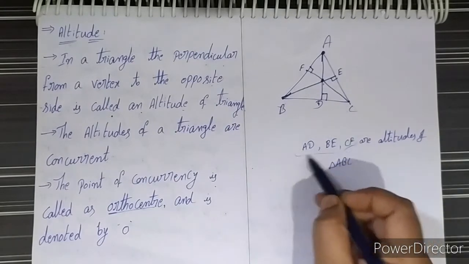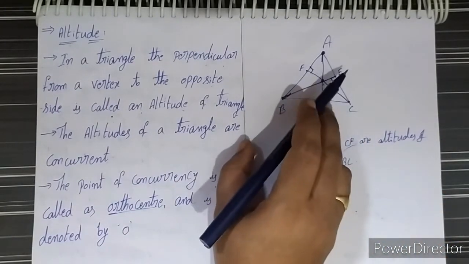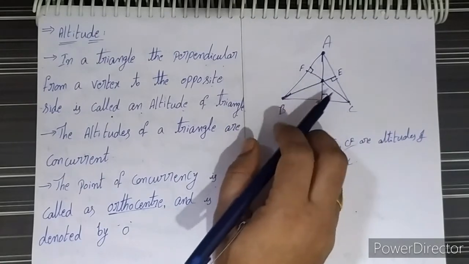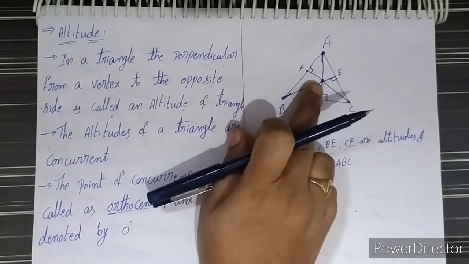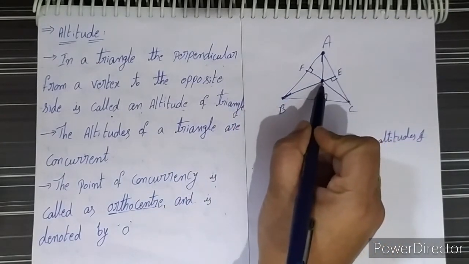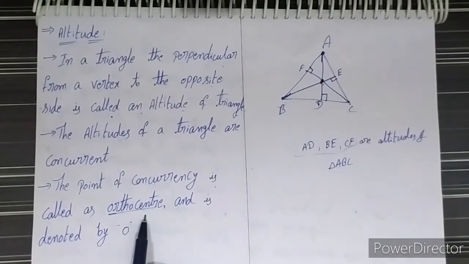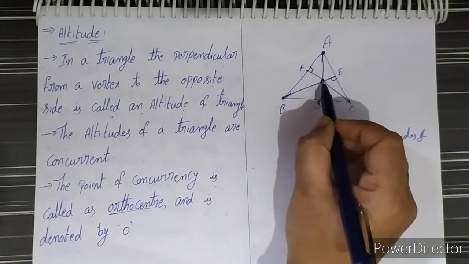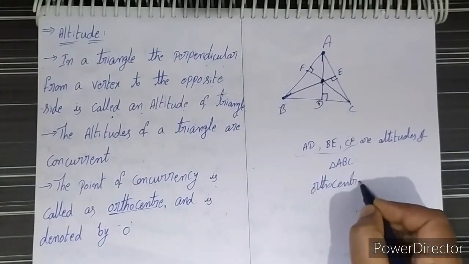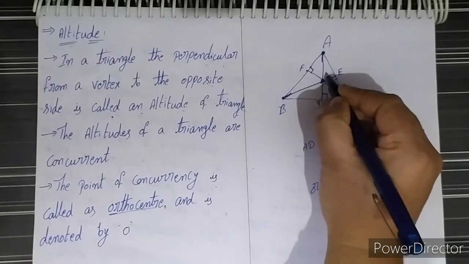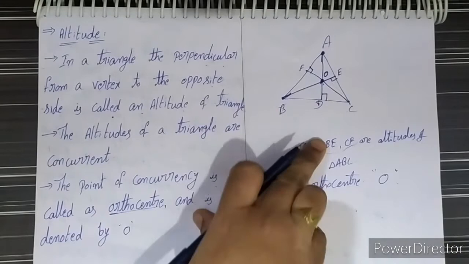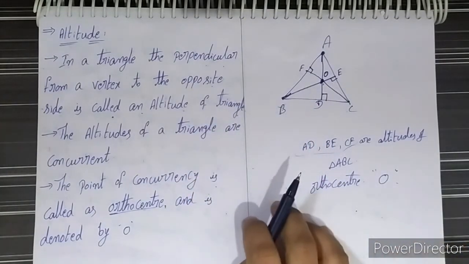These three altitudes are concurrent, meaning they intersect at a single point. Those three lines are called concurrent lines. This point of concurrency, the intersection point, is called the orthocenter. The orthocenter is denoted by the capital letter O.